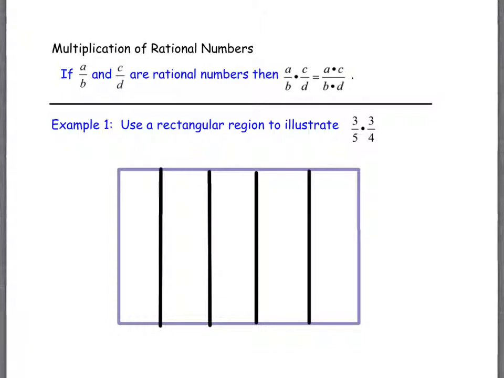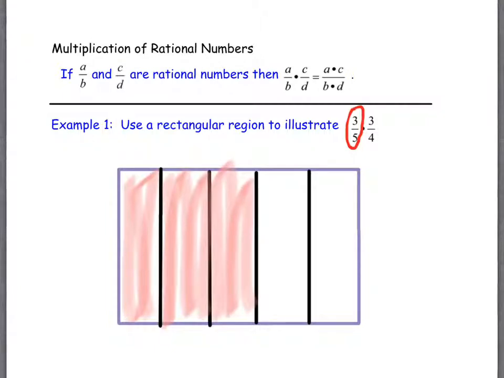So what we're doing basically is we're drawing this fraction right here, 3 over 5. Okay? So I want the fraction 3 over 5, and I want then to shade in how many of these planks or boxes? 3, right. So we're going to shade in 3 of these. This is the fraction 3 over 5.